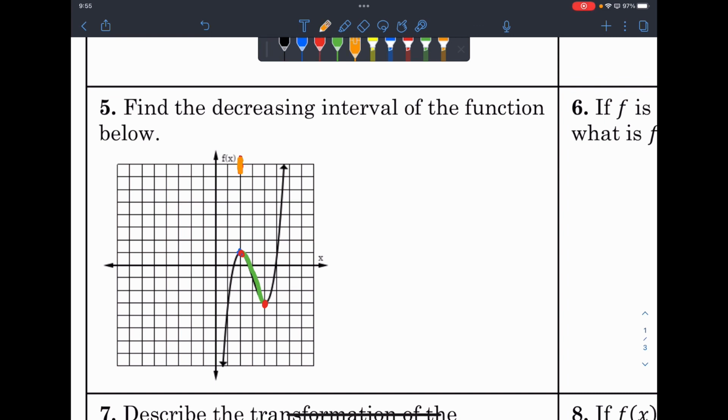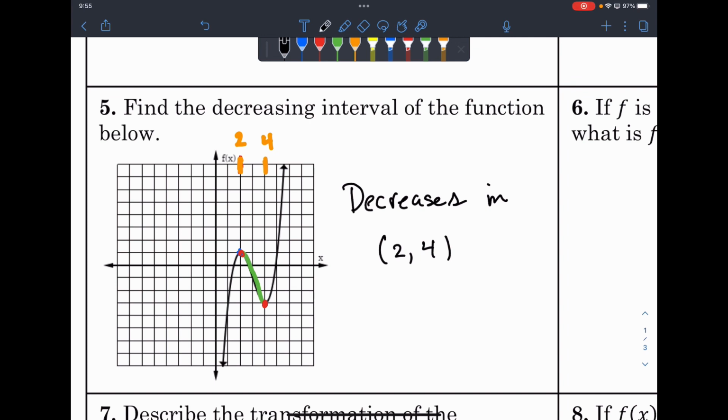That's in that section there, where the x values are positive 2 to 4. So that's our interval. This function decreases in the interval of 2 to 4.